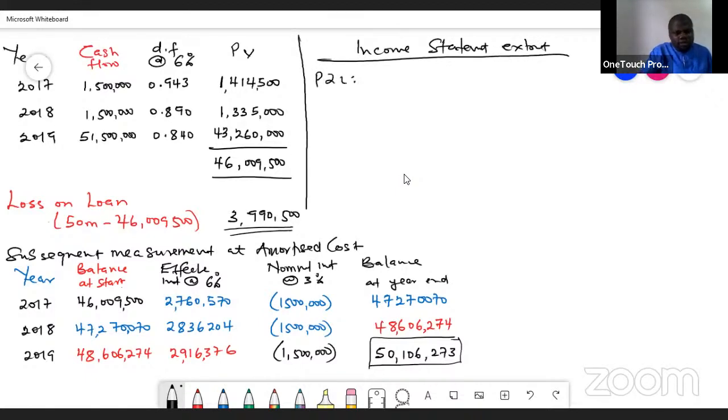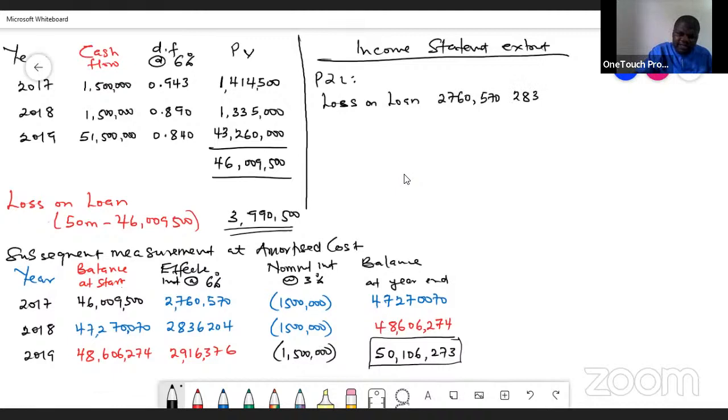In the P&L, there's going to be loss on loan. That is 2,760,570.